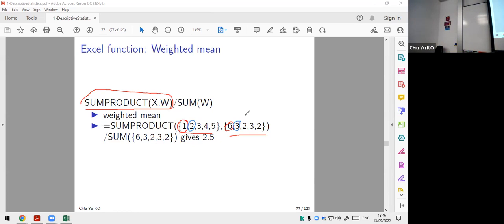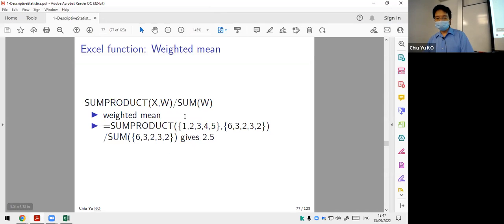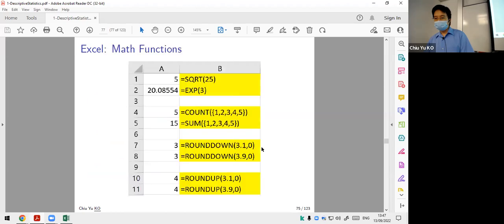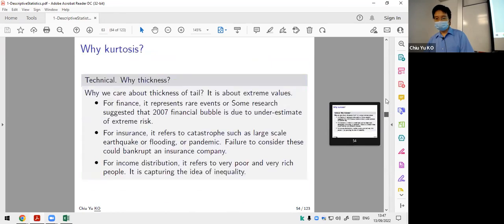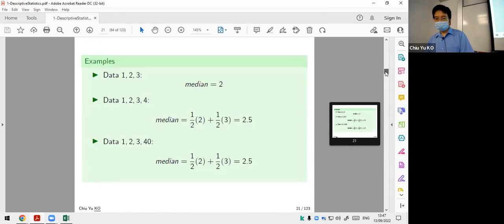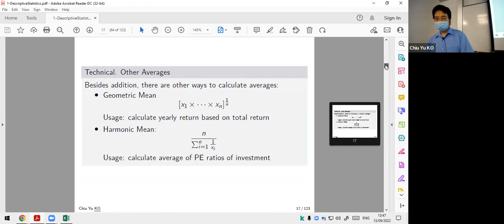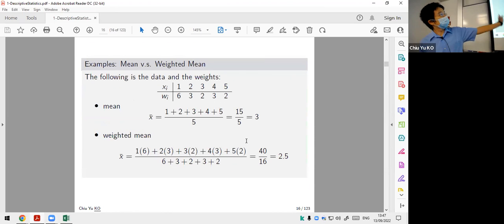You have to create them from scratch, understand the formula and try to apply it. So let me show you how to do it. Let's do SUMPRODUCT first. Remember, this actually corresponds to the weighted mean here. Go back to this one. Remember this formula here? Exactly this guy.